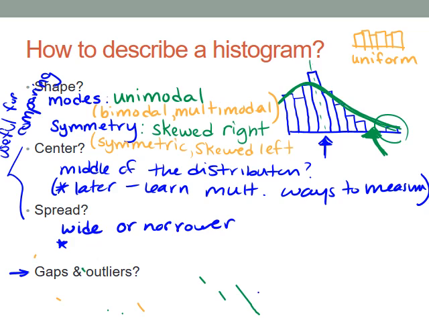It seems like everything's humming along, and then we skip, and then we have a value up here. That can mean lots of things. And remember, we talked earlier about the context of our data. But we just want to mention that yes, there is a gap, and if you had the numbers, say where exactly that gap was. So that's a brief overview of how we describe a histogram.